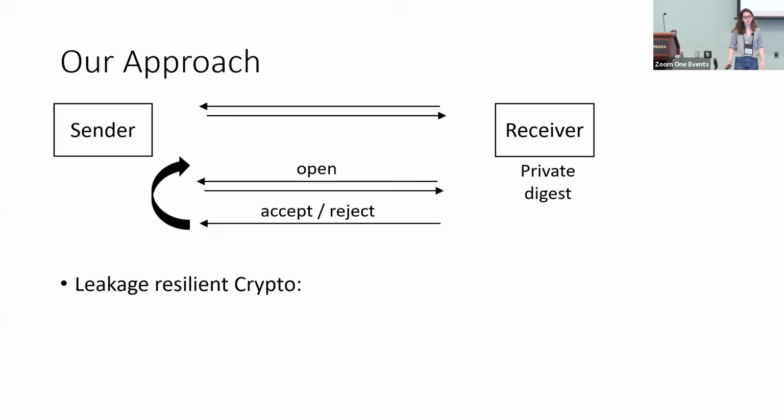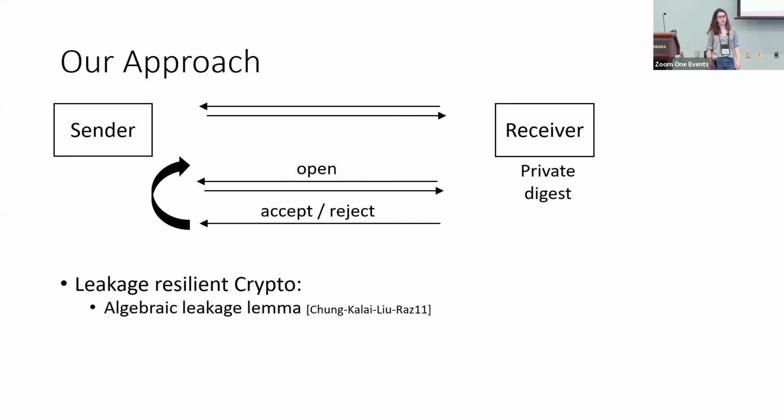So we use tools from leakage resilient crypto. We use an algebraic leakage lemma by Chang et al. that was introduced in the context of memory delegation. And we use it in our context to show that the verification bit doesn't leak any extra information on the private digest. Now, this lemma isn't compatible with the commitment of Mook et al. So our first step is to construct a new commitment that has an algebraic structure.